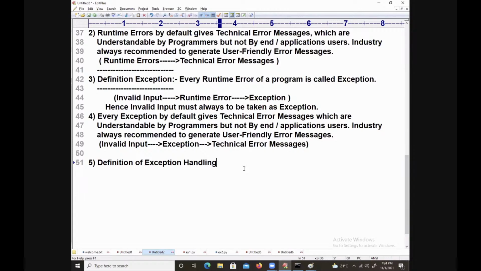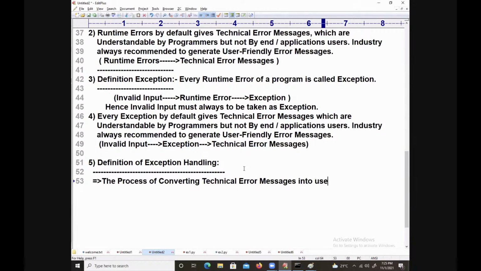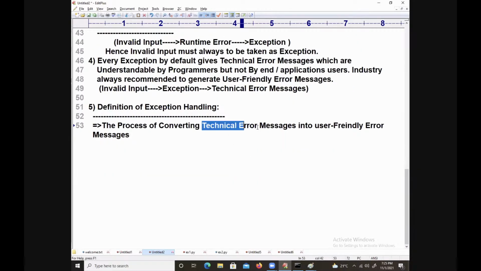Definition of exception handling. What is the definition of exception handling, guys? The process of converting technical error messages into user-friendly error messages is known as what?